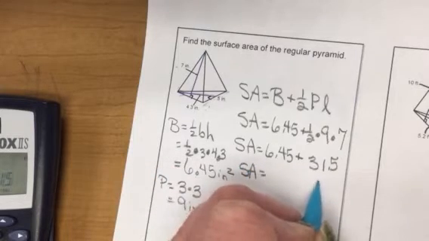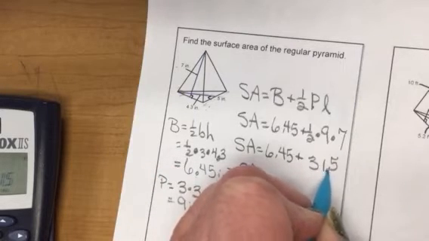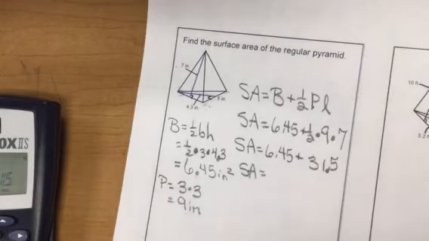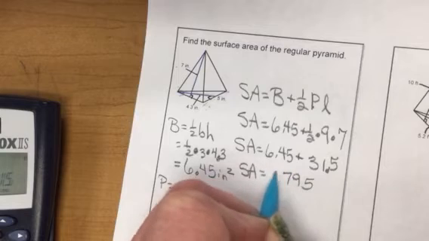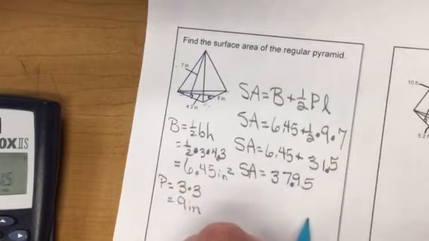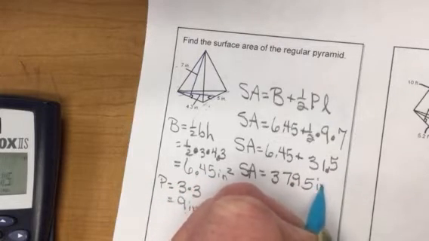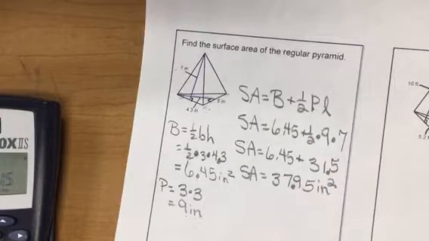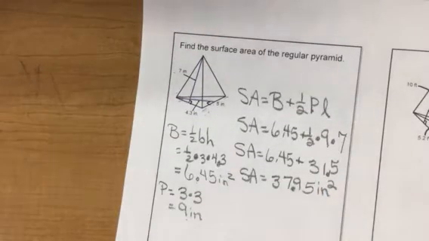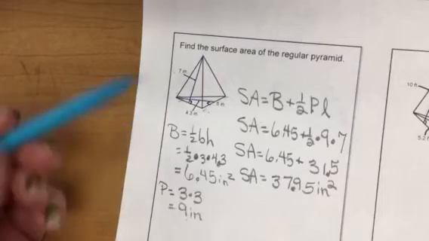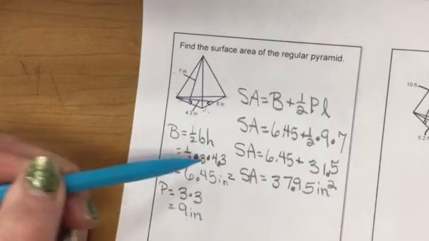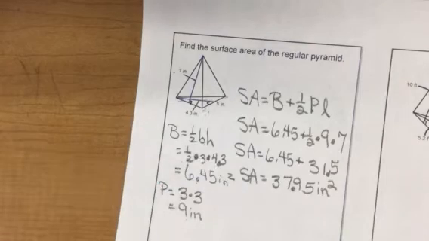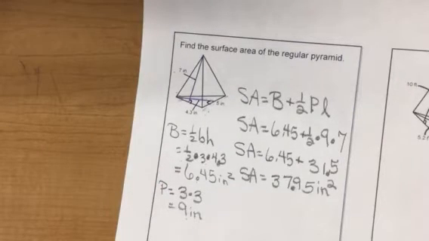Add those together. 37 95/100 inches squared. When you have a triangle base, it's a little bit more cumbersome. 1/2 BH. But there you go.